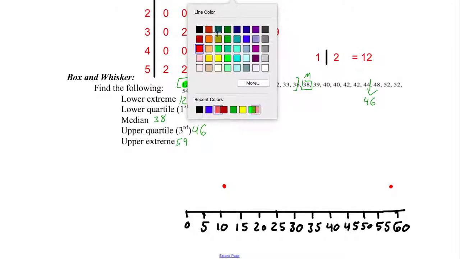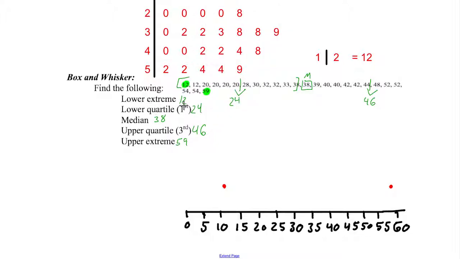The lower quartile, or first quartile, is 24, so at that point I'm going to have a nice vertical line. At the median, I'm going to have another vertical line. The median is 38, so 38 is about there. And at 46, I have the upper quartile.